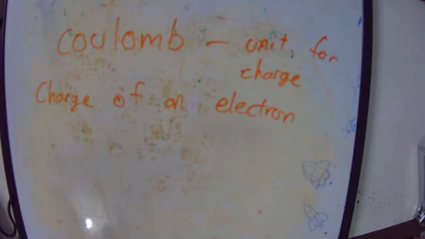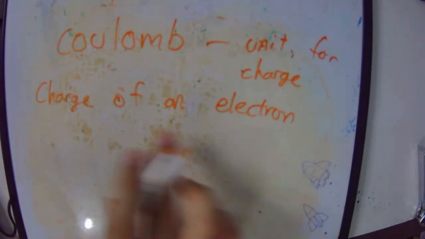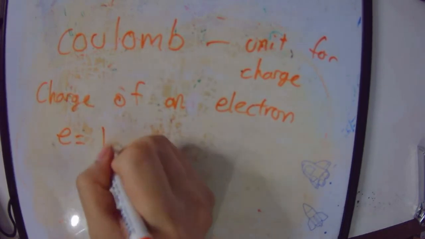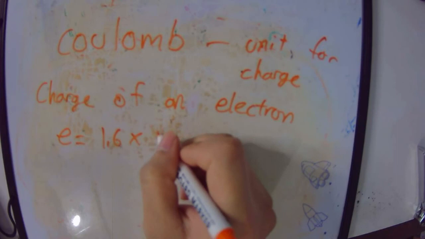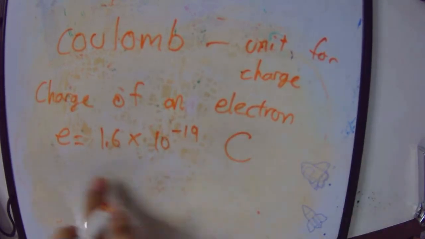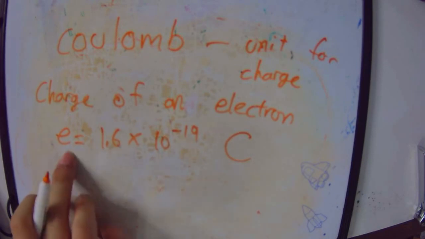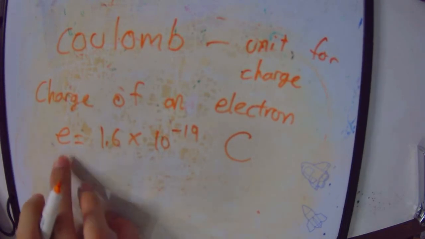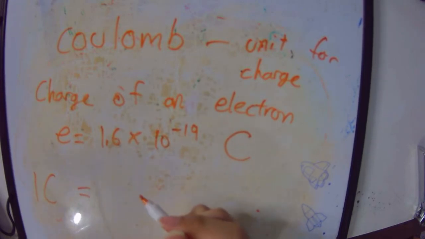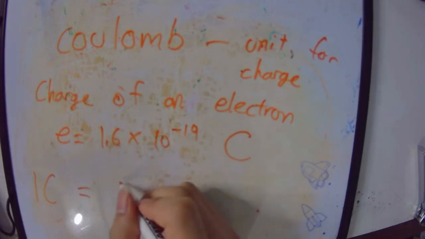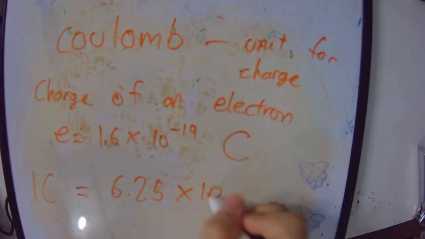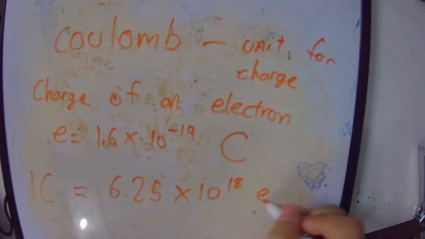This is actually in your textbooks, but I'm going to go ahead and write it down. The charge of an electron, small letter e, is 1.6 times 10 to the power of negative 19 coulombs. So the charge of 1 electron is actually very small. So 1 coulomb is actually equivalent to 6.25 times 10 to the power of 18 electrons.